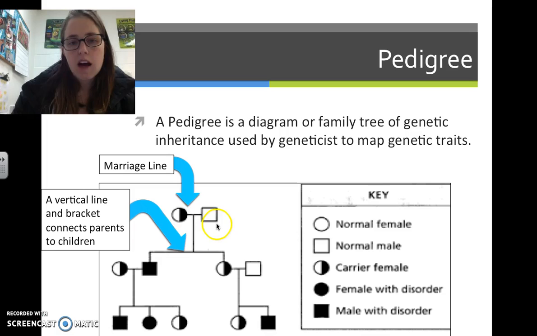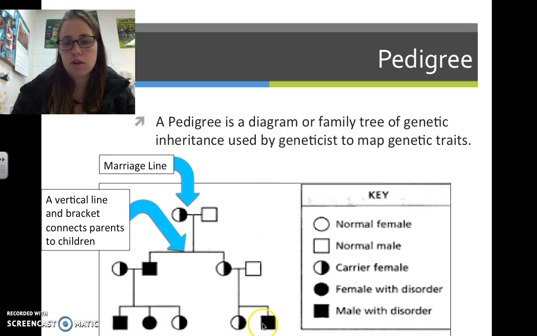So you'll notice that it's made up of circles and squares. Circles are girls, boys are squares. Individuals that are fully colored in are individuals with the disorder. So this is a boy with the disorder, this is a girl with the disorder, this is a boy with the disorder, boy with the disorder. Individuals that have half of the circle colored in are carriers.